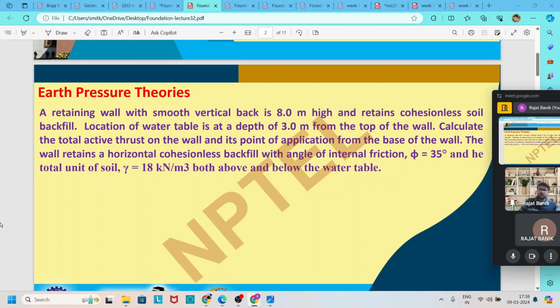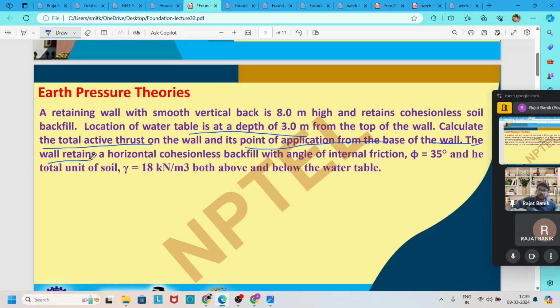32, first problem. They said that a retaining wall with a smooth, vertical back, 8 meter high, retains cohesionless soil backfill, that is C is equal to 0, and the depth of the water table from the surface is given as 3 meter. Calculate the total active thrust on the wall and its point of application on the base.